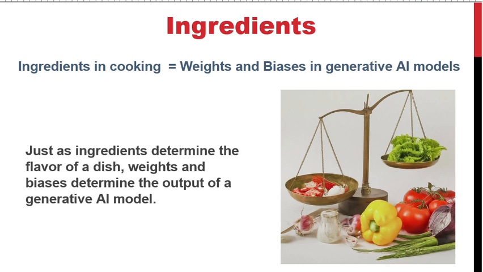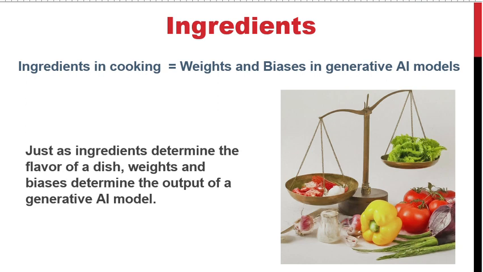So, just like we have ingredients in recipes in cooking, in AI models, we have weights and biases. In a dish, we can determine the flavor by adding sugar to a sweet dish or salt and spices to a savory dish.